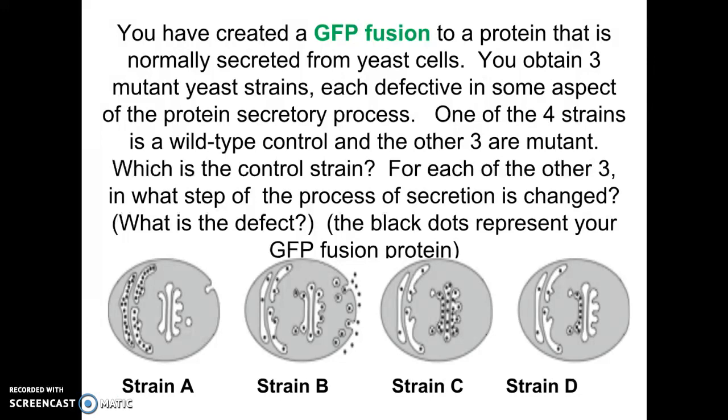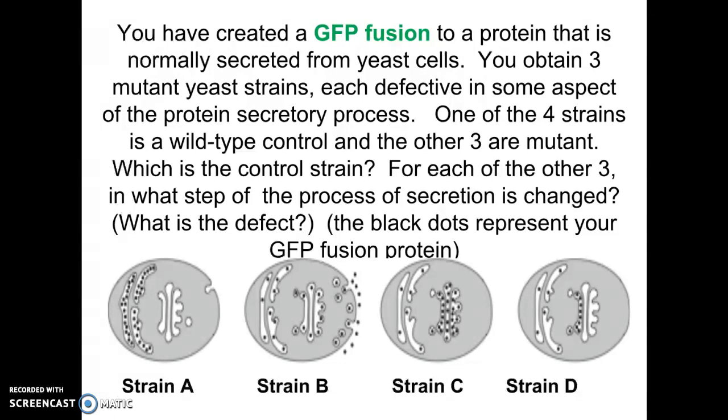And so here's a quick question. Given strain A, B, C, and D, and where you see the tag, which one's the wild type, and of the other three, what is the breakdown that we see? I'm going to let you pause here for a second and see if you can work it out, and then we'll go over the answer.